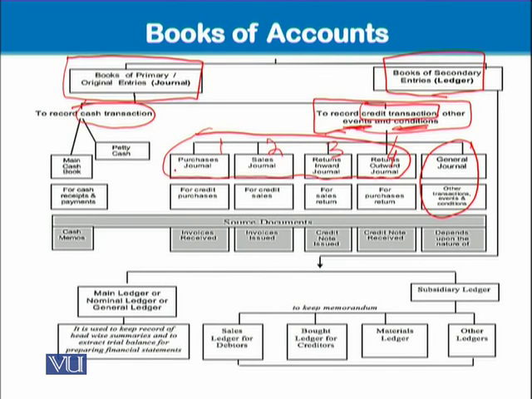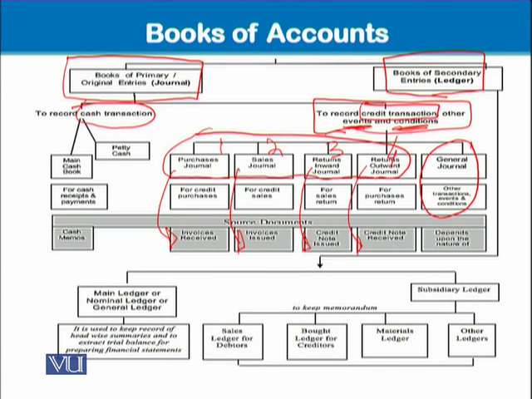Purchases information is taken from invoices received. Sales information is taken from invoices issued. Returns inward or sales return information is taken from credit notes issued. And returns outwards or purchases return information is taken from credit notes received.